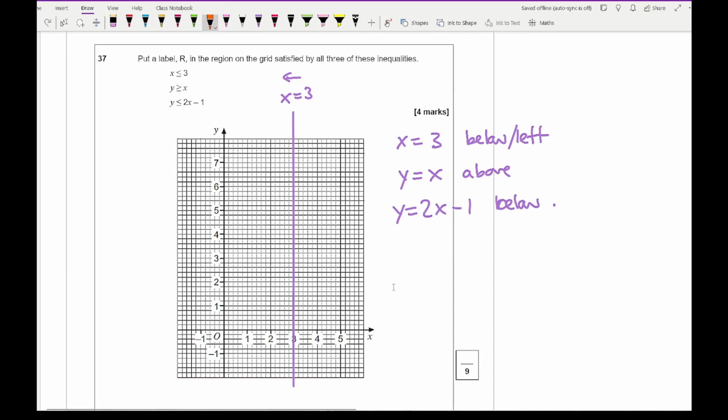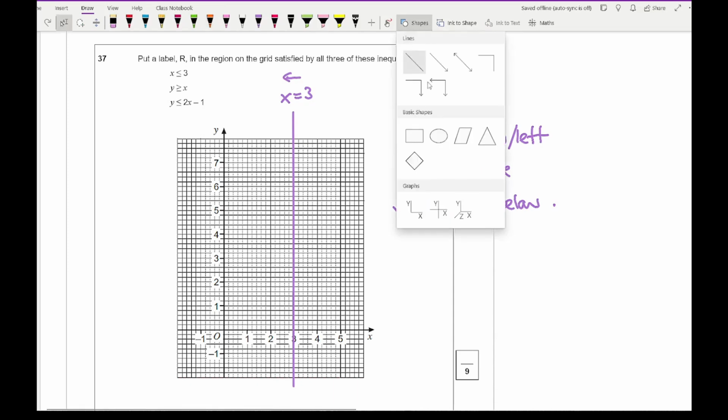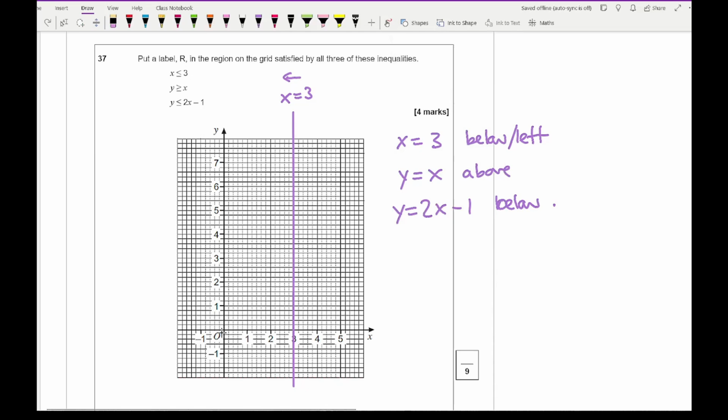Then plotting y equals x, that's going to be a straight diagonal line through 1, 1, 2, 2, through the origin. If I use 2, 2 as a marker, that's the point there. And that's the line of y equals x.